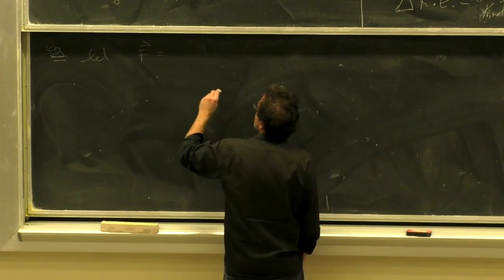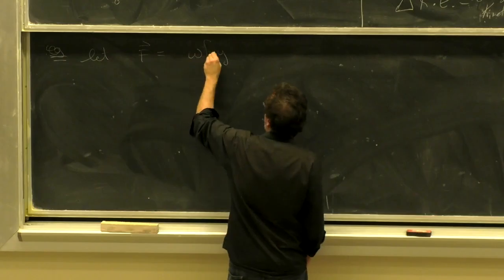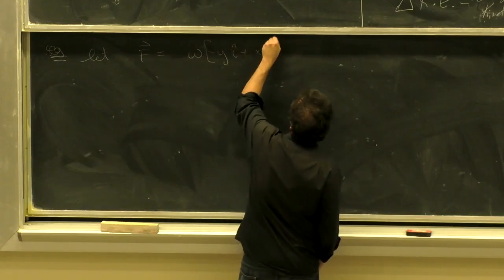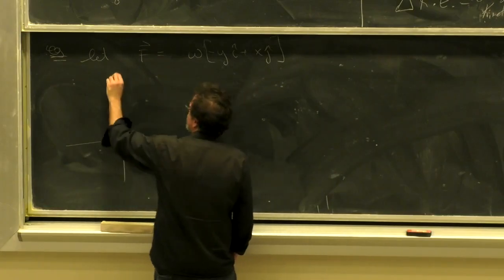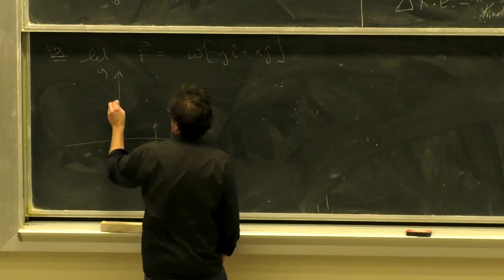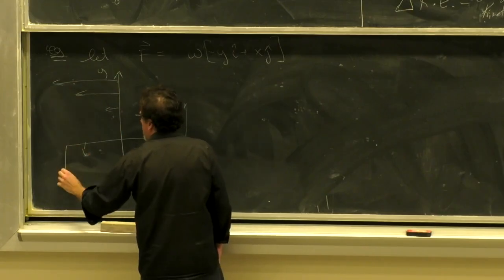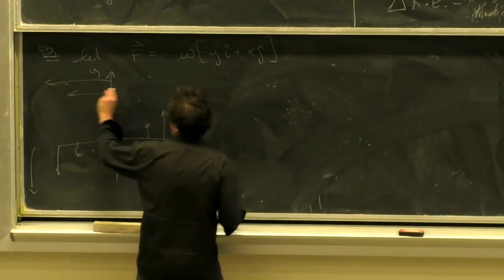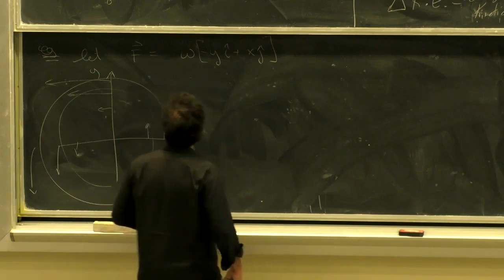So f is going to be negative omega y i hat plus omega x j hat. And if you recall, this vector field for omega positive looked like it was swirling around the axis this way. I showed you how it got bigger as the distance got farther away. So it's this kind of swirly vector field.